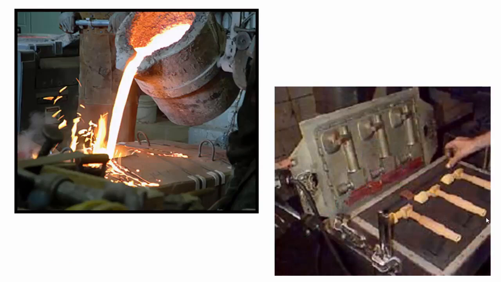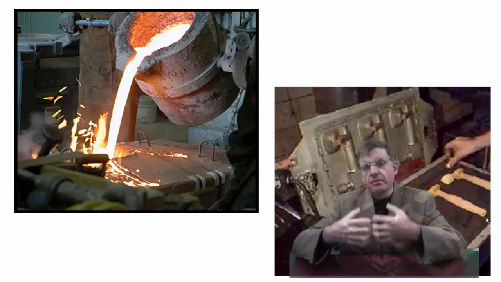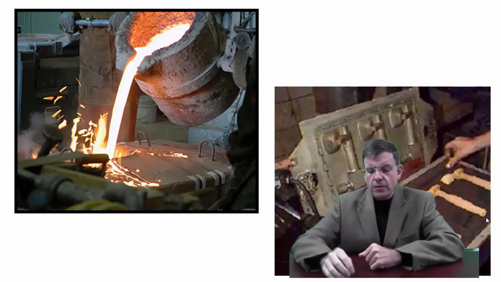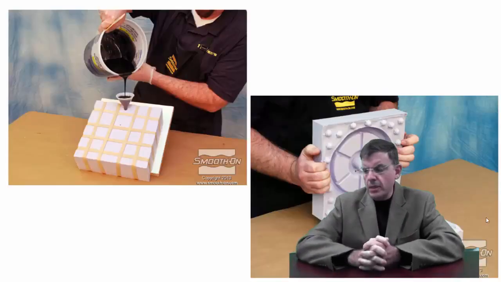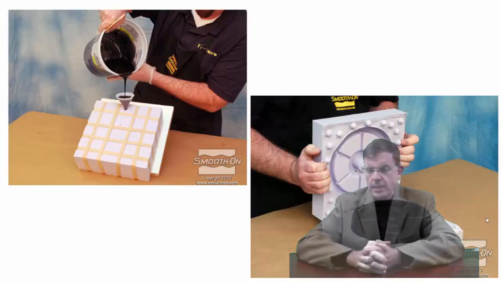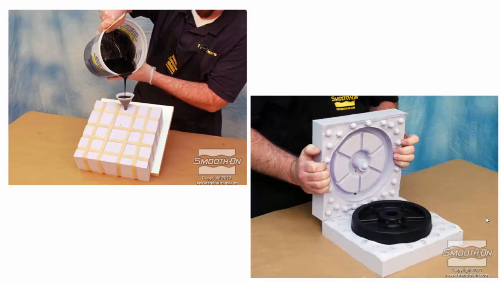So the concept of casting is very simple. You liquefy the material, you pour it into a mold, then you let it solidify again. This can happen at the level of a metal, and it can happen at the level of a plastic as well. Okay, now obviously we're talking about vastly different temperatures, vastly different designs for the nature of the mold, etc. Okay, but that's the basic principle. So there you saw some metal cast components, and here are some plastic cast or molded components.